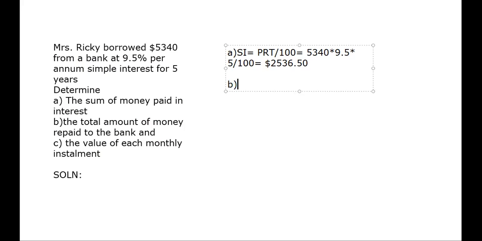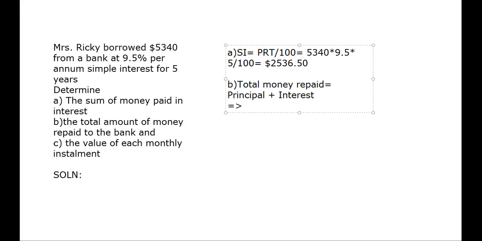So the total amount of money repaid to the bank. So the total money repaid would be the principal plus the interest, right? Because you borrowed the principal from them, and they gave you a specific amount of interest to repay, which is the simple interest.